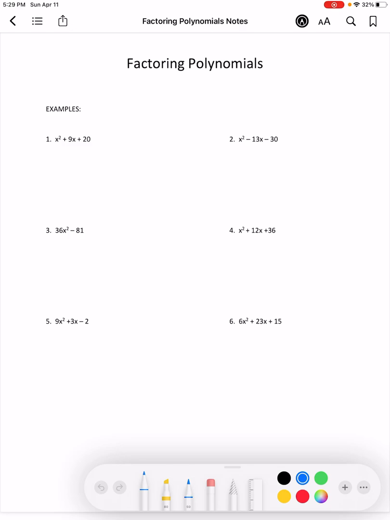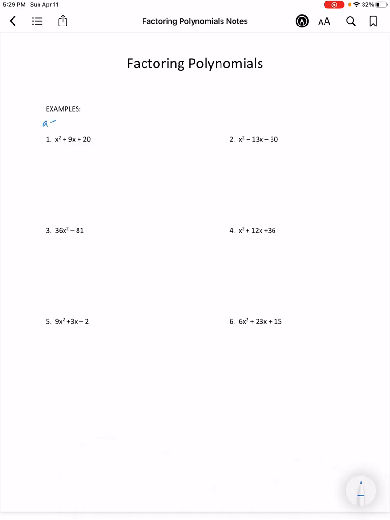So first of all, I want to look at example number 1. This is, again, what we call an A equals 1 trinomial. And what that means for us is that we're going to create an X to help me factor.